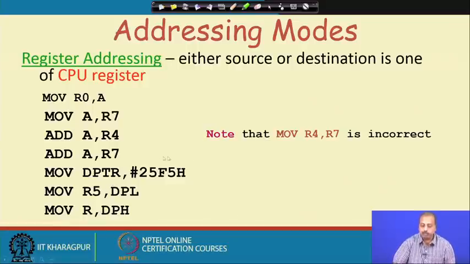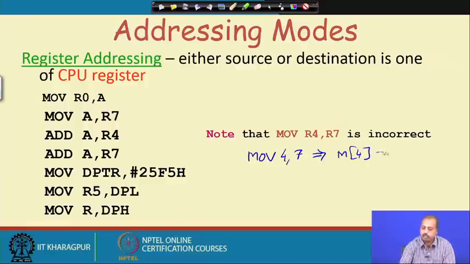As I told previously, I cannot have an instruction like MOV R4, R7. This is not allowed. If you really want to move the content of register 7 to register 4, you have to give the corresponding memory address. You can write MOV 4, 7. Essentially, memory location 4 will get the content of memory location 7.